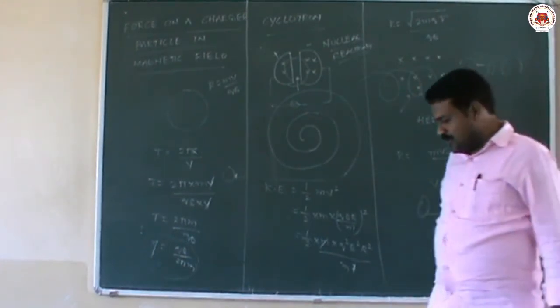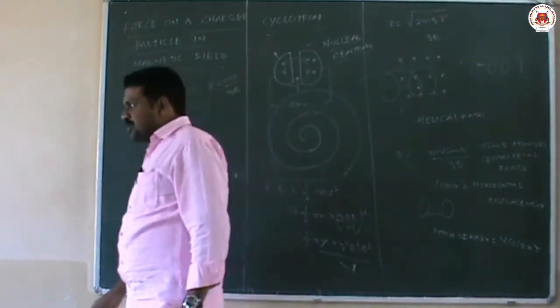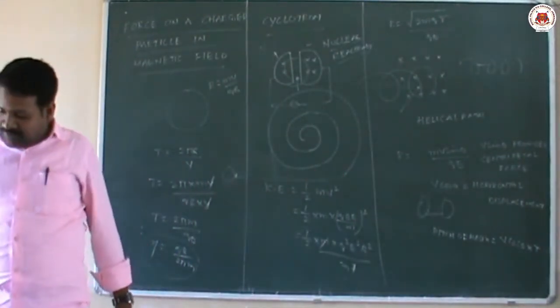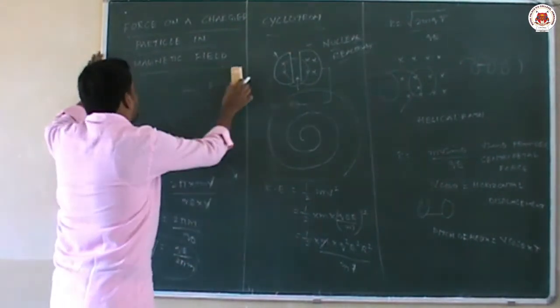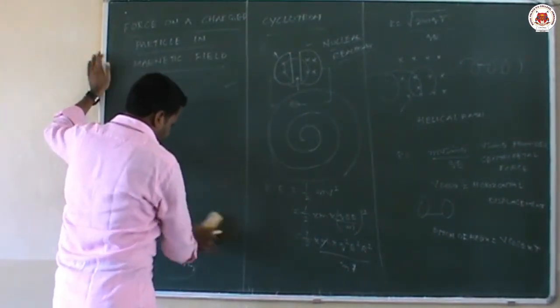So this is about the motion of a charged particle in a magnetic field. Next you can study the motion of a charged particle in both a magnetic field and an electric field.